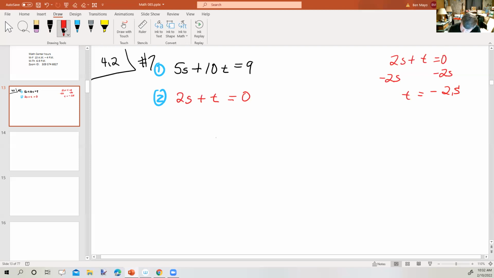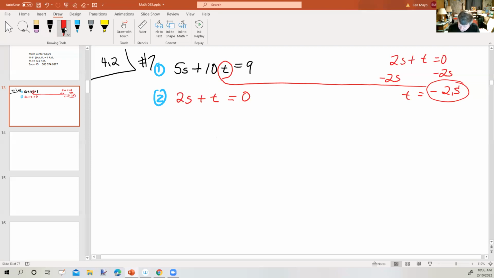The next step, I'm going to take the results, the fact that t equals negative 2s, and I'm going to replace t in the other original equation. It's important that I put it in the other equation, not back in the first equation that I used to solve for it, or it'll give me wrong conclusions.